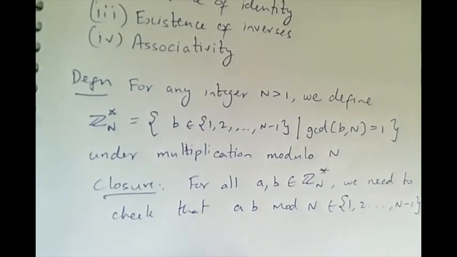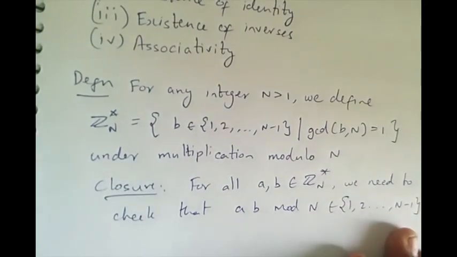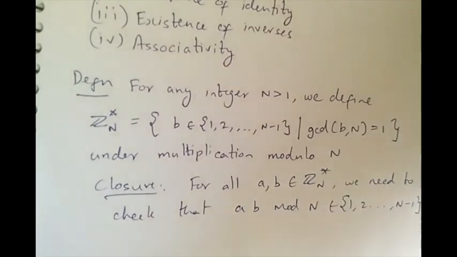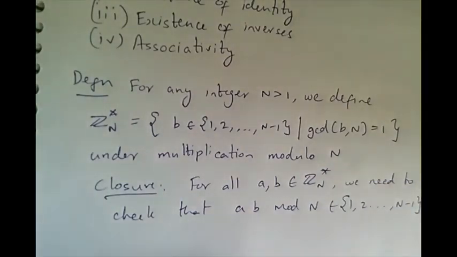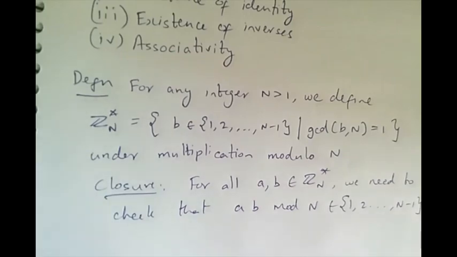What we do know is that a times b modulo n belongs to 0 to n minus 1, but we have to ensure that it is not 0. Then we can hope for closure.